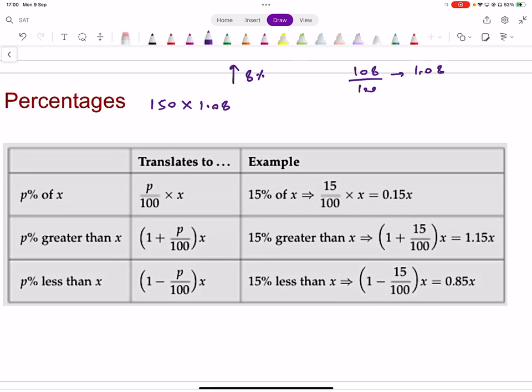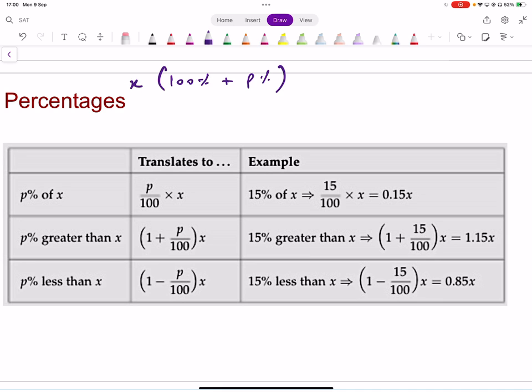So if you want to increase X by P%, in general, we can do something like this. 100% plus P%, right? You'll have to multiply that number by this, whatever that number is.